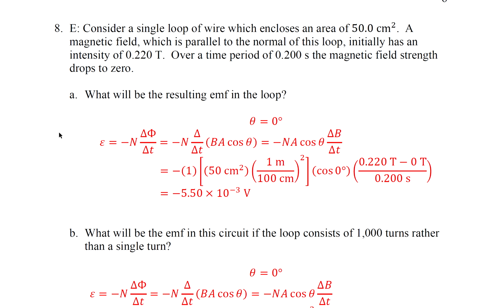So we have this equation, EMF equals minus NA cosine theta times delta B over delta T. Why do we have delta B over delta T? Because if you read the question, A is constant, okay?